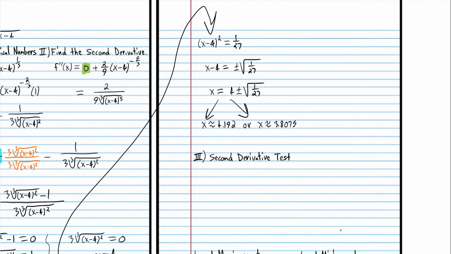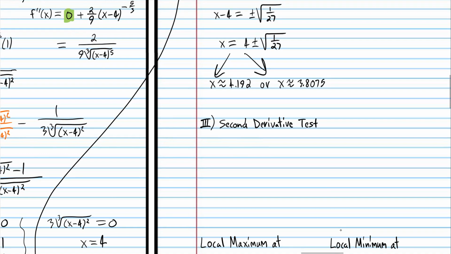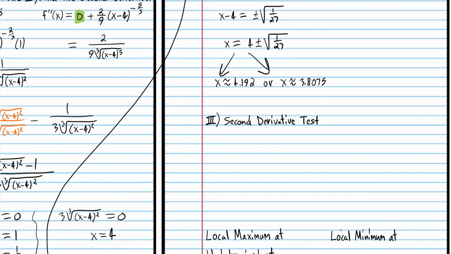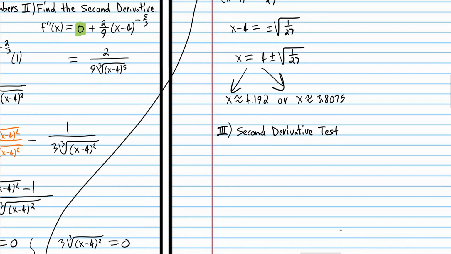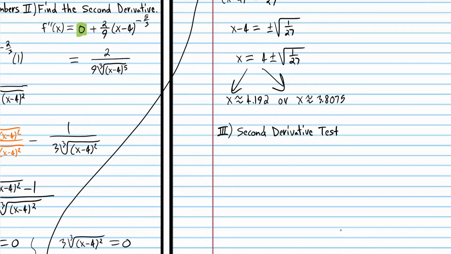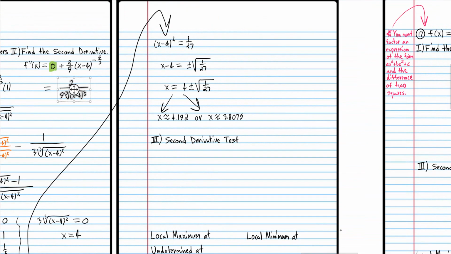We need to evaluate that at the critical numbers. But as you can see, this is not going to be very easy, because this is really tedious math. So this is where your calculator is really going to come in. First of all, let's copy the double derivative, or f double prime, the second derivative.